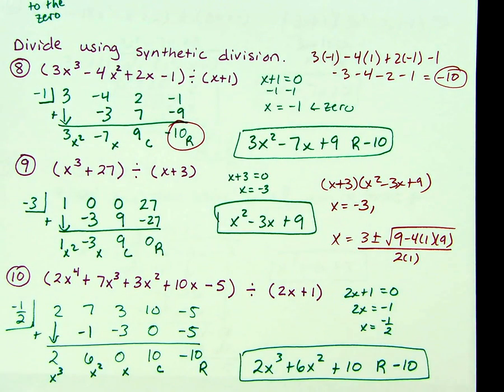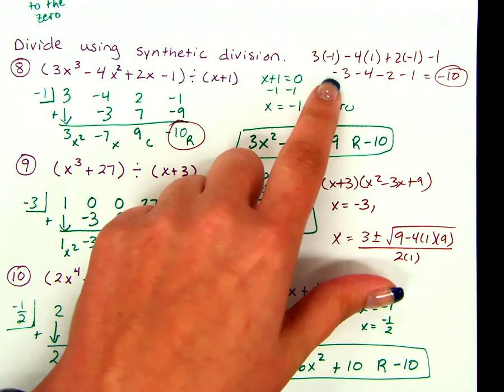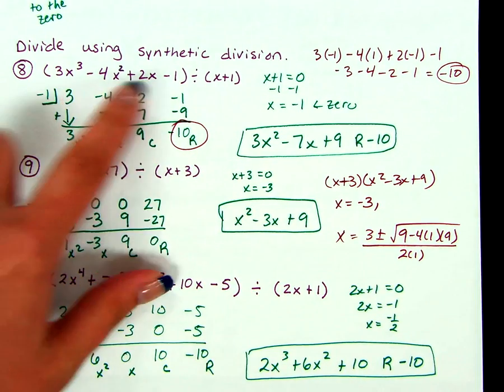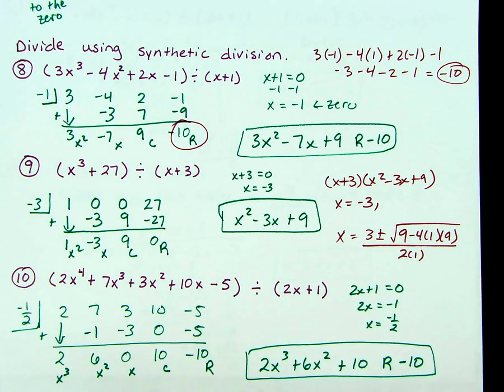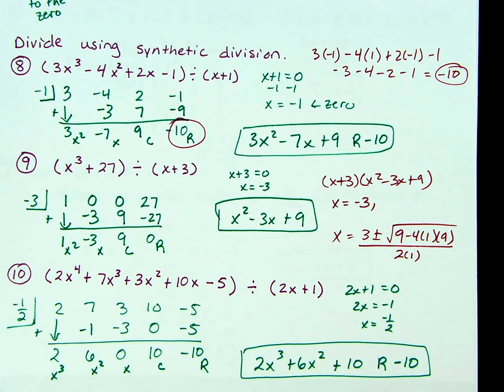So sometimes it's a lot faster to go through this synthetic division process to evaluate than it is to plug these numbers in for the x's and simplify, especially if we're not using 1. So like if I wanted to evaluate for 10, I would much rather use synthetic division to evaluate it than have to figure out all the 10 to the powers times this number and combine like terms.